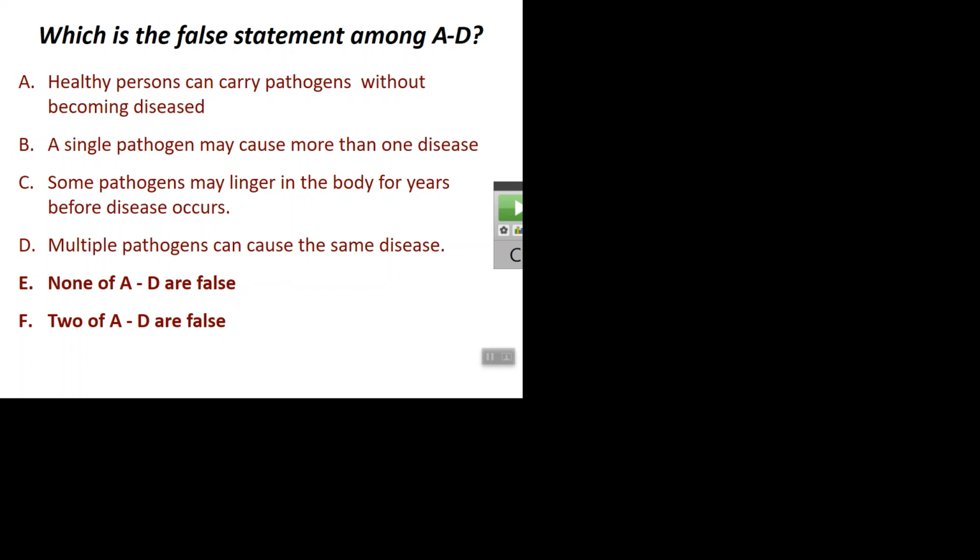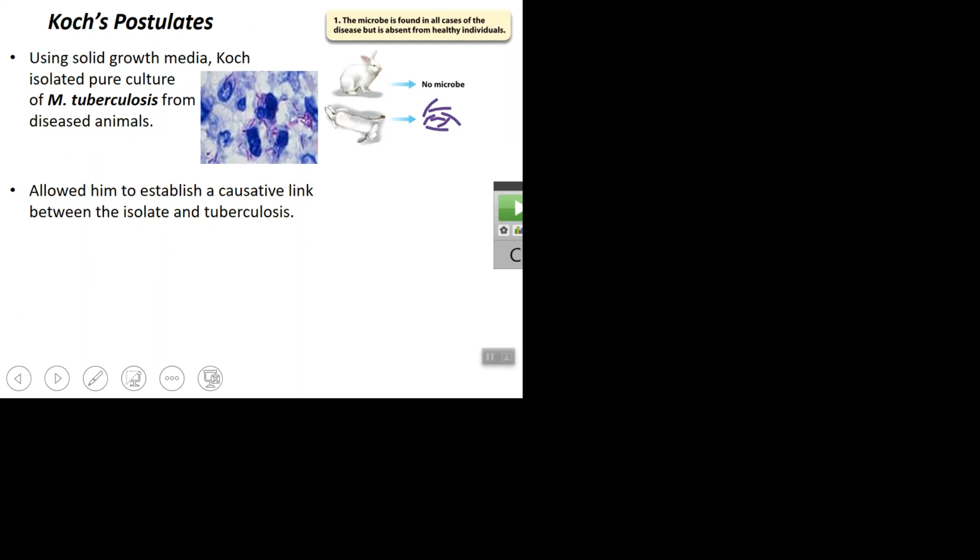Okay. So why do I mention this at all? Because of Koch's postulates. Okay. And don't take it to mean, though, that this is invalid because there are these exceptions to it. But just real quickly, what is this? It's a way to establish cause and effect.